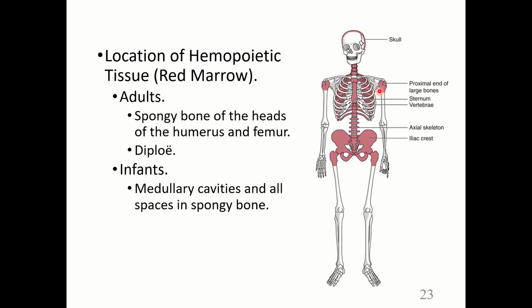We also find red bone marrow in diploe, which will be found in flat bones and irregular shaped bones. In infants, the red bone marrow is found in medullary cavities and all spaces of the spongy bone. Infants are actively growing and producing blood tissue, but it slows down once you're an adult.